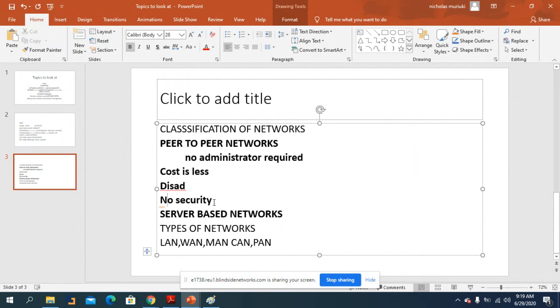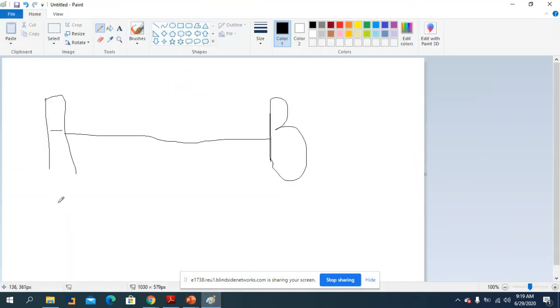But the moment you talk about server-based, if you're moving from point A to B, you must use a hub or a switch. So from point A to hub, then from hub to point B. In this communication, we cannot create communication directly from one device to another.